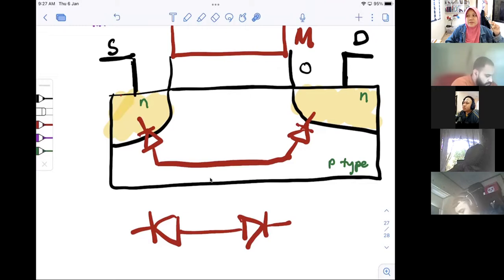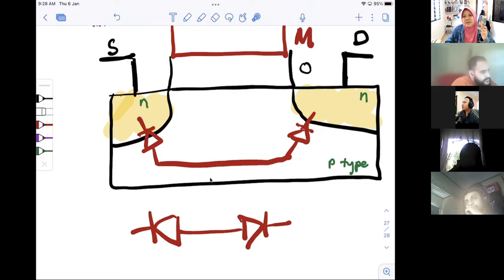But in real life, if you turn off your handphone, after like one month, is there any more charge in your battery? Answer me. Faris, answer me.